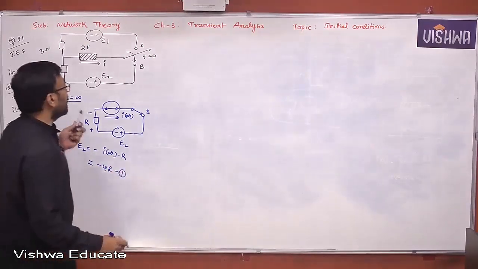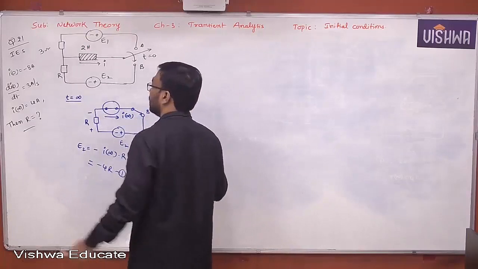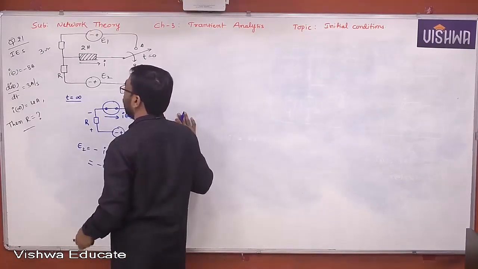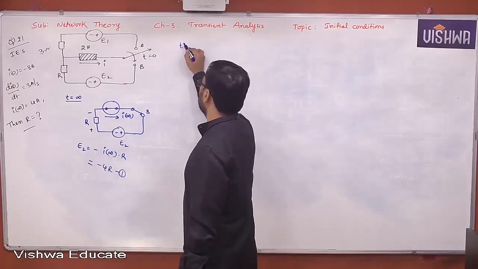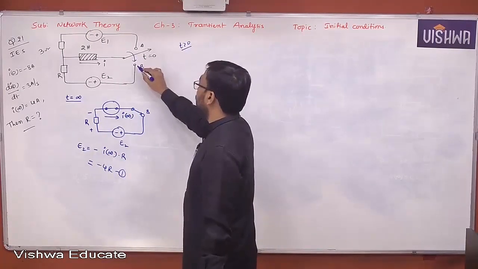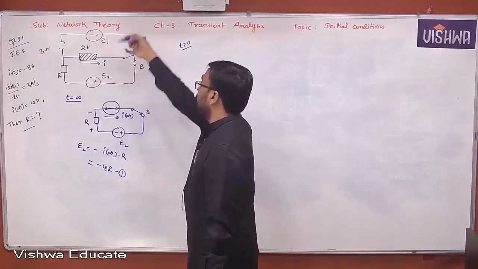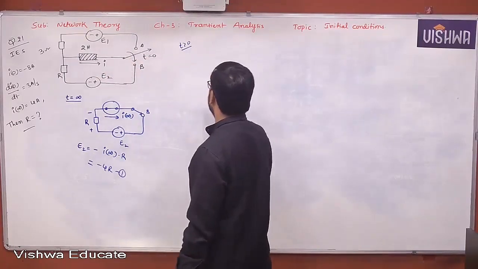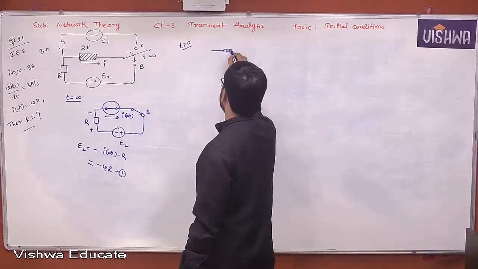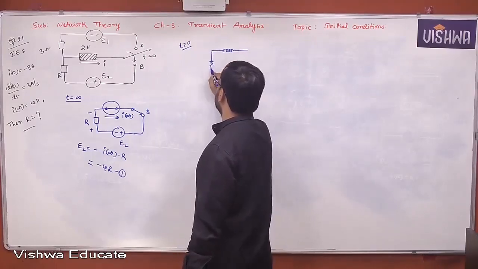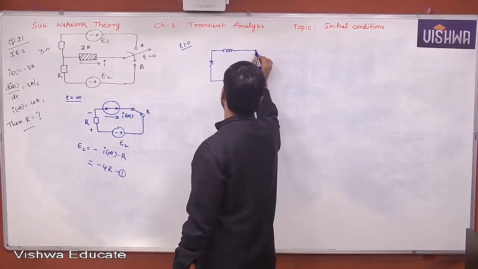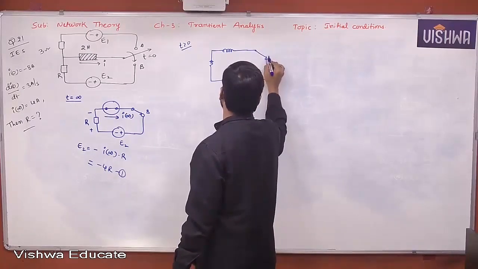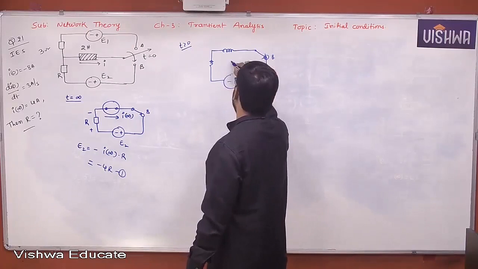Okay. Now let us also construct the t equal to 0 plus equivalent, or else you can draw the circuit for t greater than 0. The switch is at B and you write the differential equation. This is an inductor, this is a resistor, this is minus plus, and the switch is at B. Now let us write the equation here.